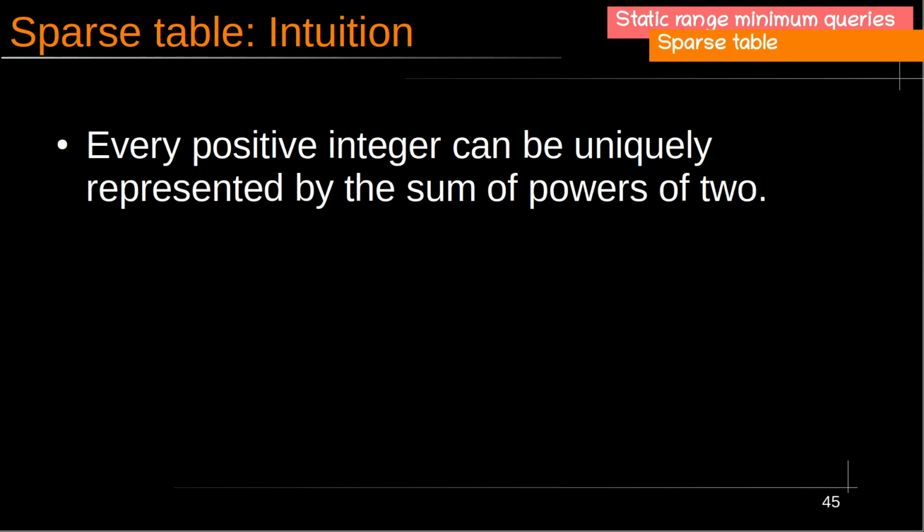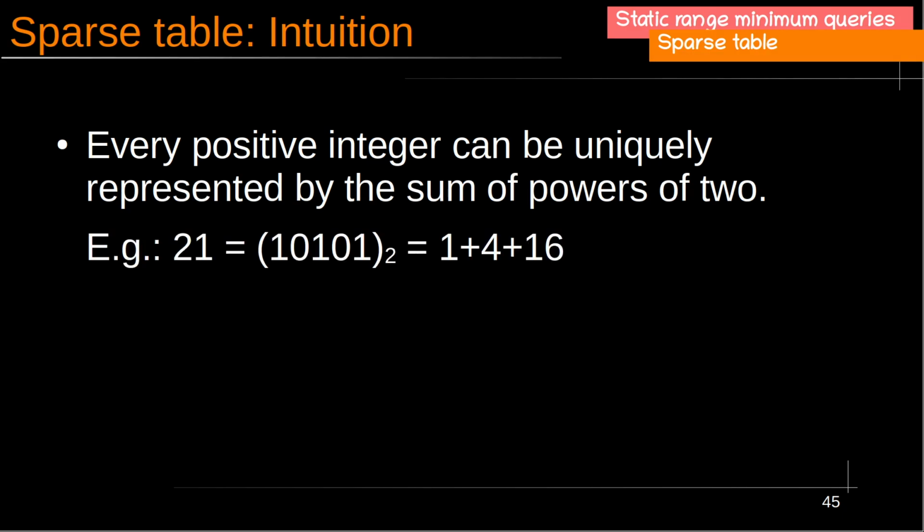We know that every positive integer can be uniquely represented by the sum of powers of 2. If we take this example, 21, it could be written using this sum: 1, which is 2 power 0, plus 4, which is 2 exponent 2, plus 16, which is 2 power 4. It's the sum of powers of 2.